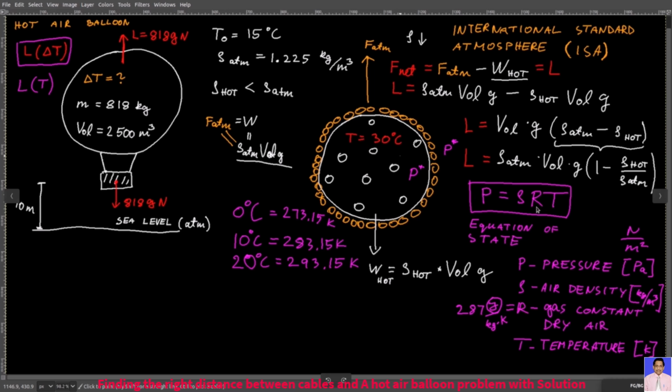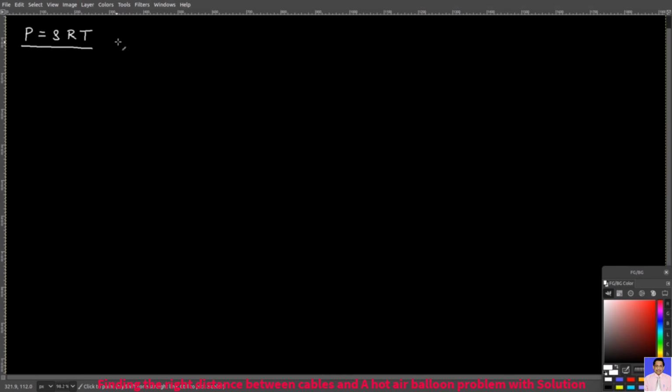And you can actually see that from this equation of state. If I assume that the pressures are equal inside the balloon and outside of the balloon, which is a reasonable assumption for hot air balloons, because the pressure difference is very small there, then from this equation of state, I can rewrite it like this.